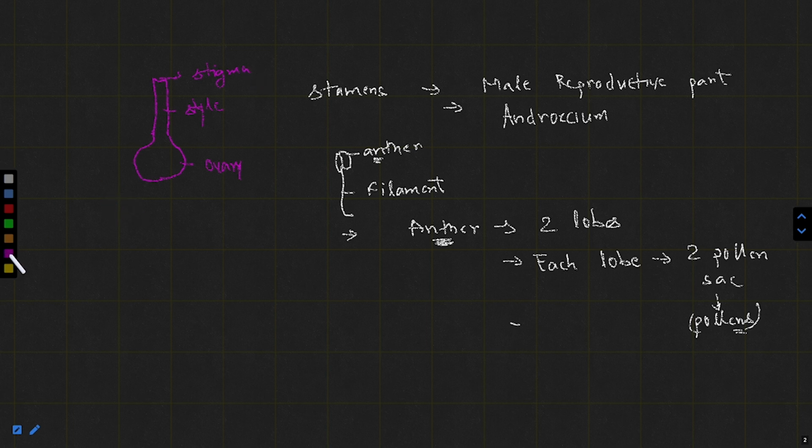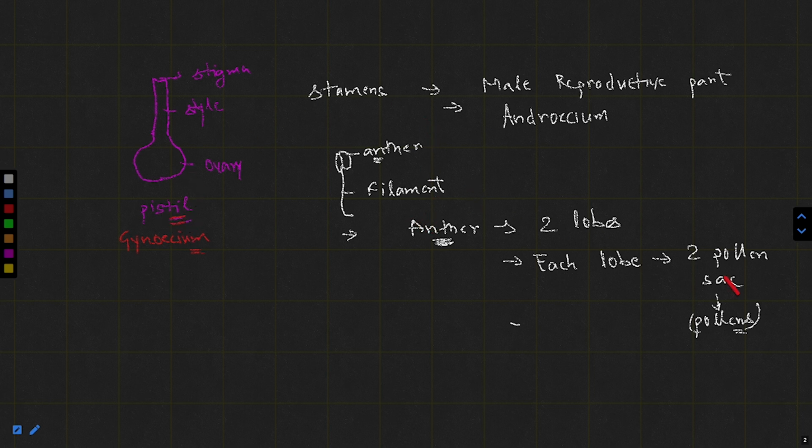Clear? So this is a pistil, which represents the gynoecium. Gynoecium is the female reproductive part of the flower. And gynoecium consists of the pistil.